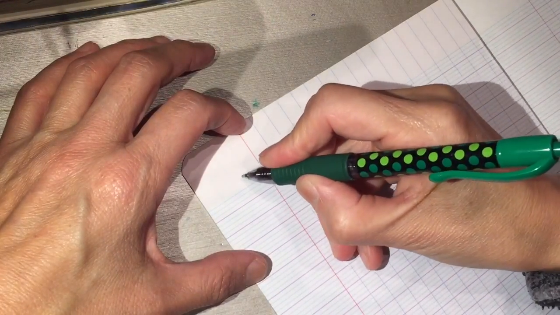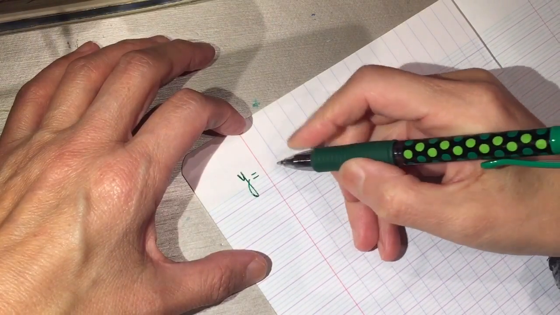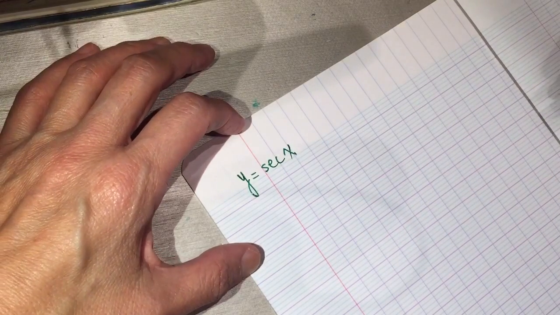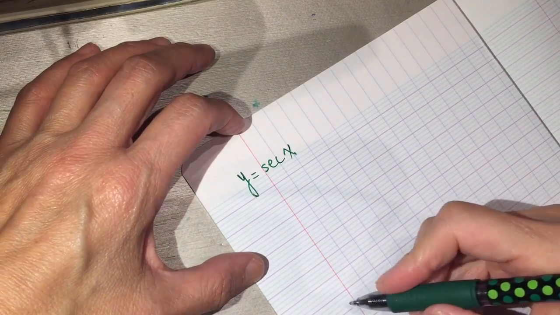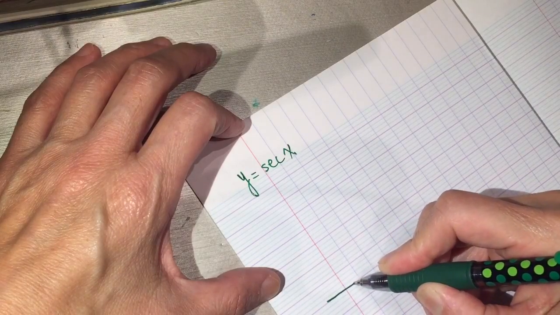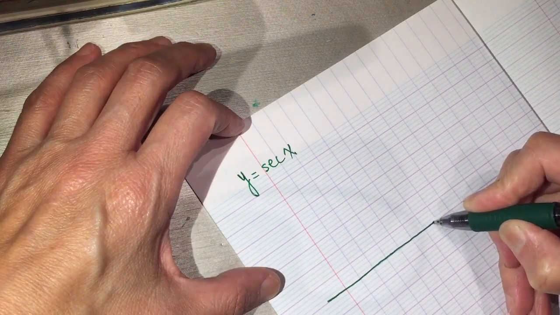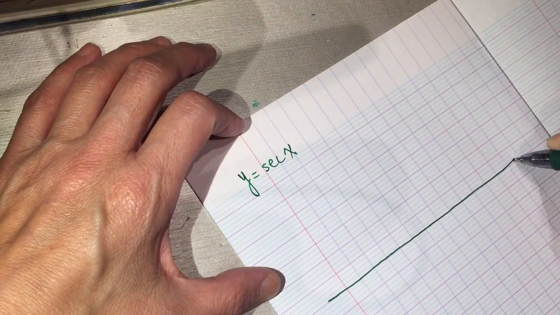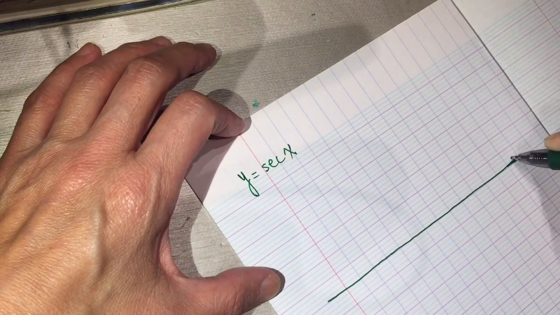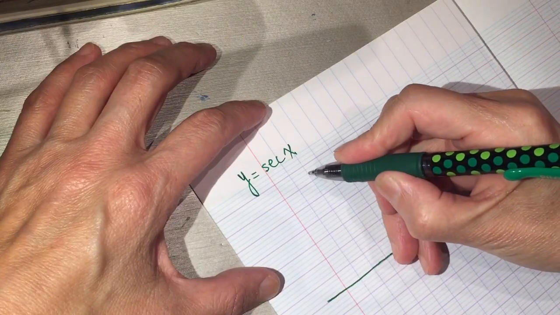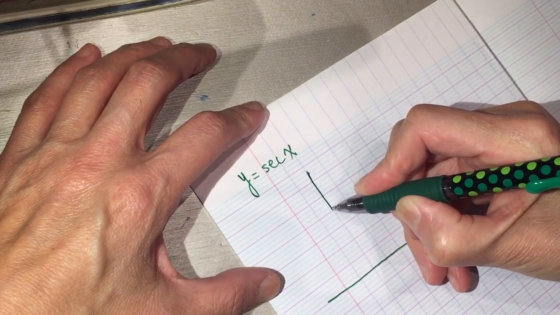Okay, hello dear friends. This one I will draw y equals secant x. And the reason I do this is because I do not recall that I have learned secant. At least it's been 50 years, 40 years, I forgot this secant thing or the graph of secant.